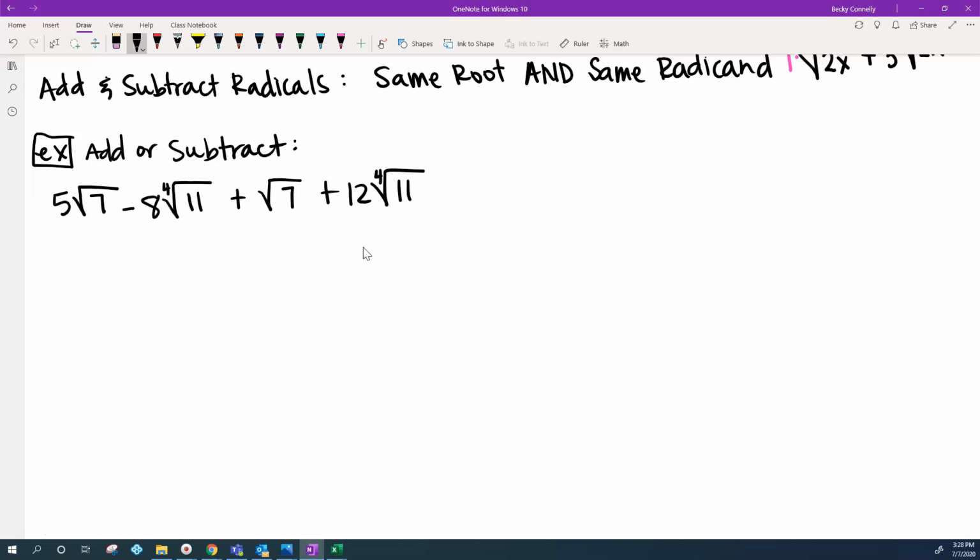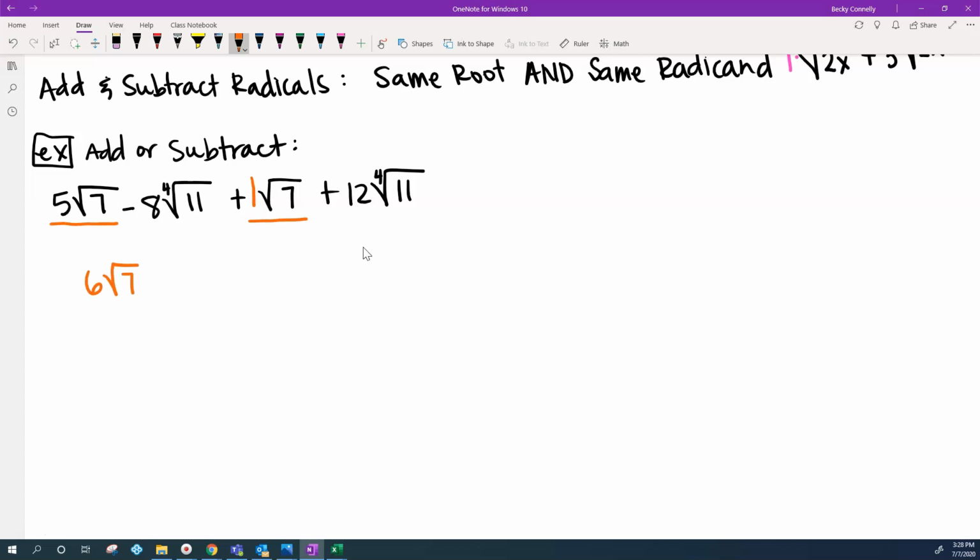Right? So we can only combine the ones that are like radicals. Same root, same radicand. So I can see that my 5 times the square root of 7 plus, this is really saying 1 square root of 7. I can combine those together to give me 6 square root of 7.